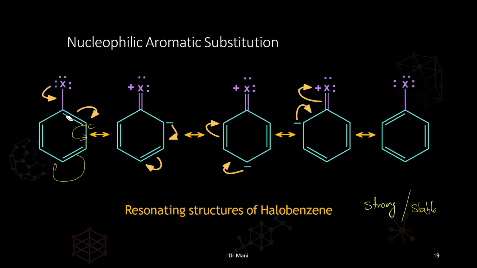See here, the double bond that was present here has now reached the carbon present here, and this carbon, which has electrons, has turned here. That's how it created the double bond here. Again, that will continuously happen as a cyclic process, and that gives a very stable structure for this aryl halide. Understood? So you understood why aryl halides are so stable? Due to the resonating structures of these halobenzenes. Clear?